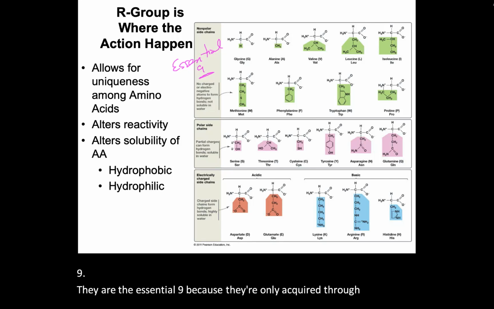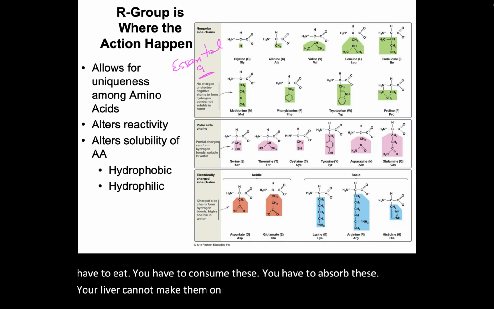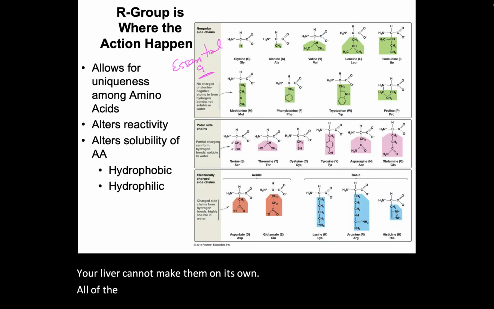You have to eat these. You have to consume these. You have to absorb these. Your liver cannot make them on its own. All of the other amino acids your body can actually make and produce on its own. But not these guys. They have to be acquired.